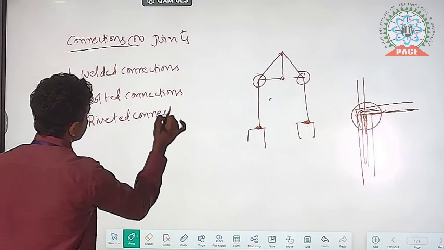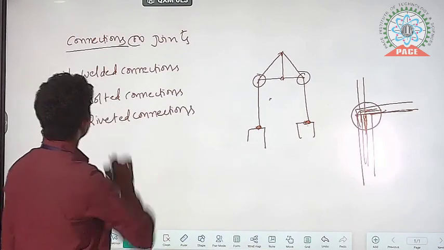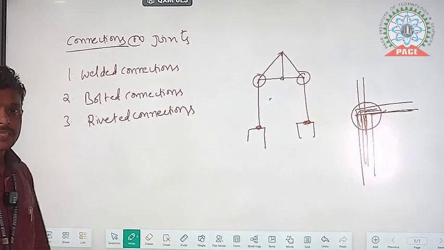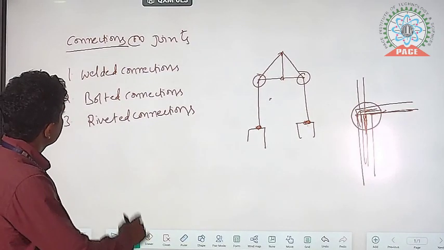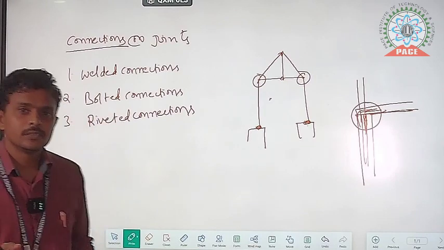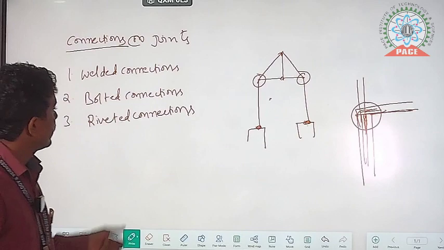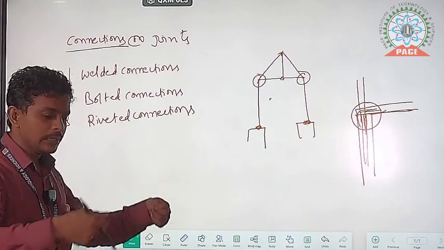If you see the welded connections, welded means we have an electric arc, and by using that arc and weld metal, both structural elements can be joined by welding. That is about the welded joint.